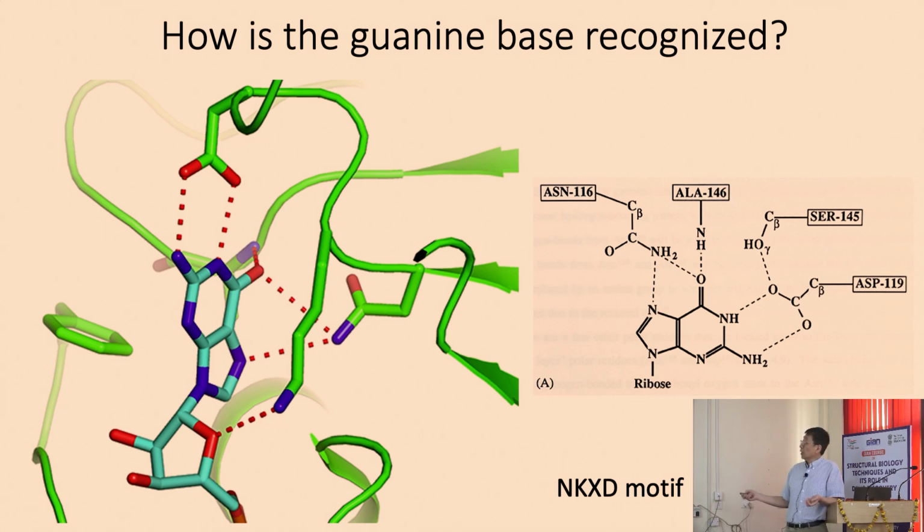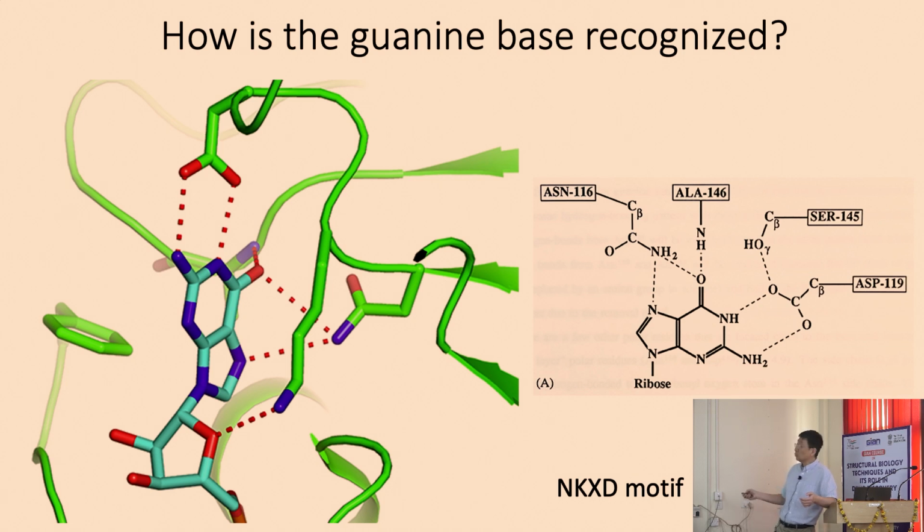You can see the NKXD is directly involved in binding the guanine. Especially the D, you can see right here, contacts N1 and N2. In the case of guanine, both are hydrogen donors, so aspartic acid is perfect for making that bidentate hydrogen bonding interaction.